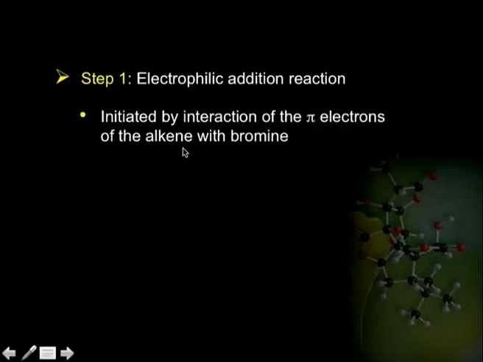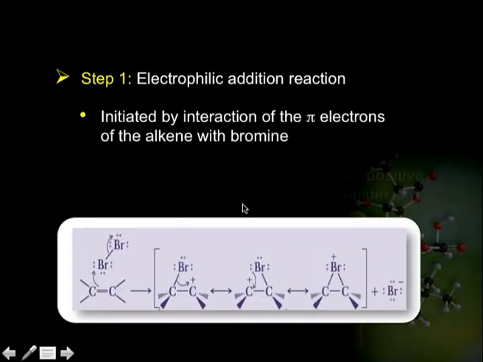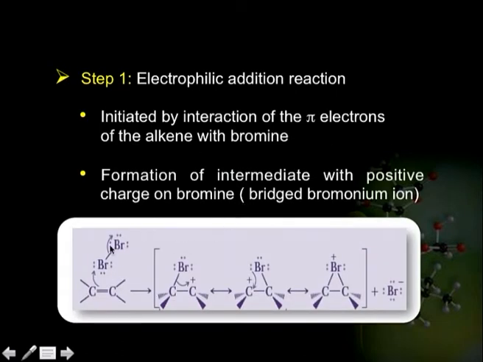If we look into its mechanism in a little more detail, we will see that this is initiated by interaction of the pi electrons of the alkene with bromine, as shown in this particular reaction. An intermediate with positive charge on bromine is created. This particular ion we call a bridged bromonium ion, the bromine with a positive charge.